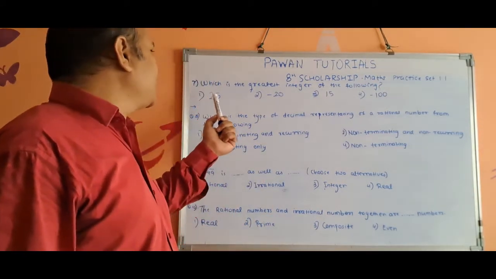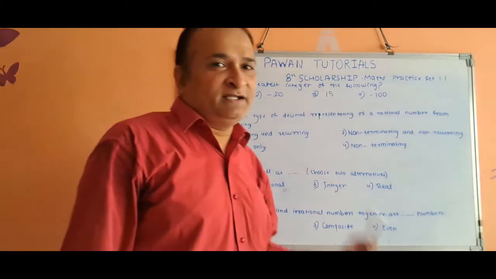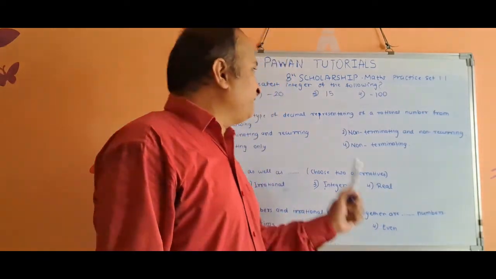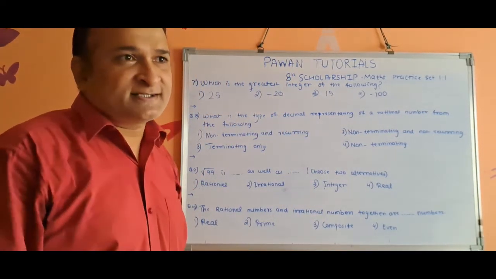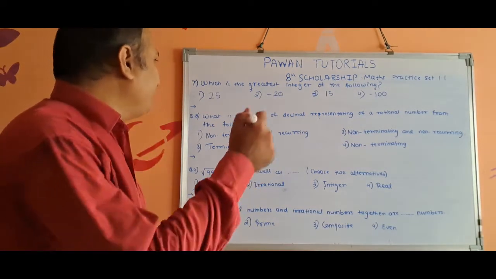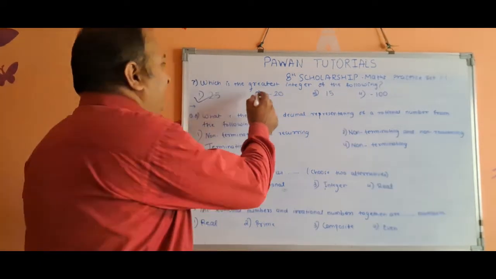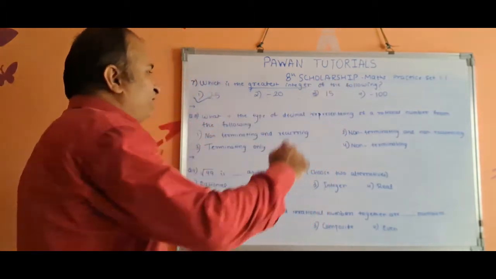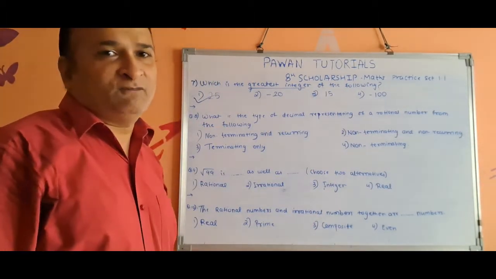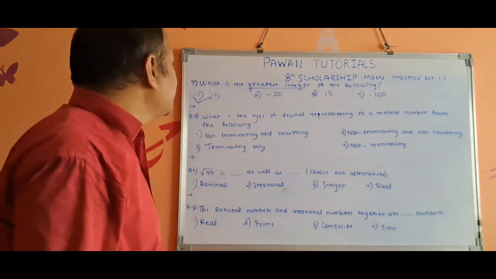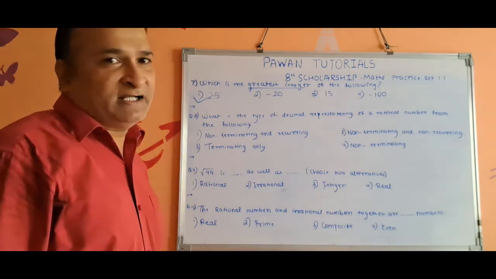Now the question is of 25 and 15. Both are positive integers, so which one is the greater one? Of course 25. So the greatest integer from the given options is 25. So we will mark option number 1.